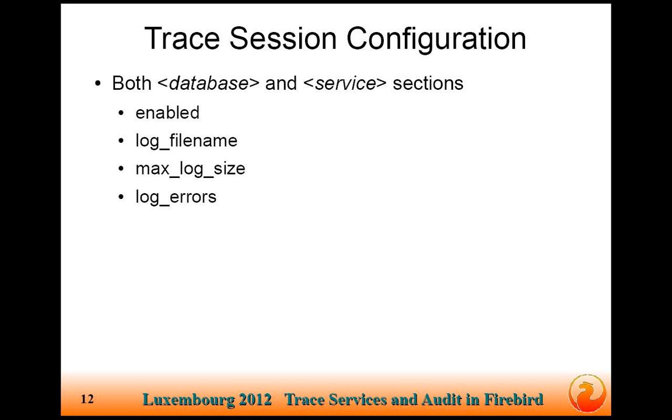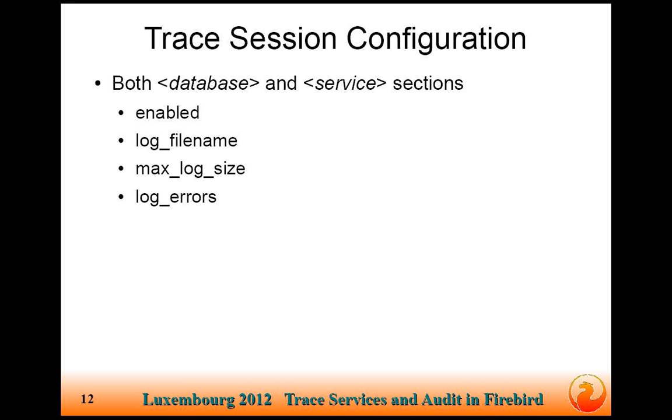Log file name and max log size specify the file name where the audit trace session will put its contents, its events. I will speak about the audit trace session and its log file in detail later.